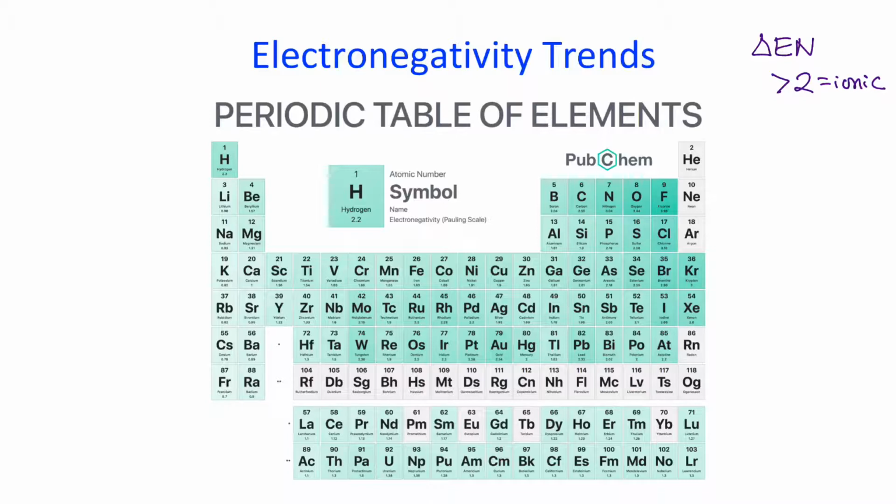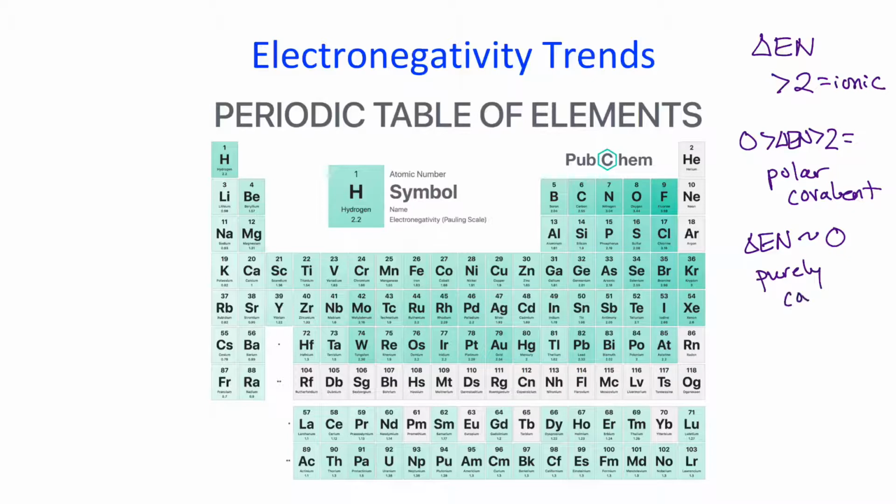If you're between 0 and 2, that's going to be polar covalent, where you share the electrons unevenly. And if you have a difference in electronegativity of about 0, sometimes you might have a tiny bit of a difference, but we'll say it's about 0, that's what we call our purely covalent situation.